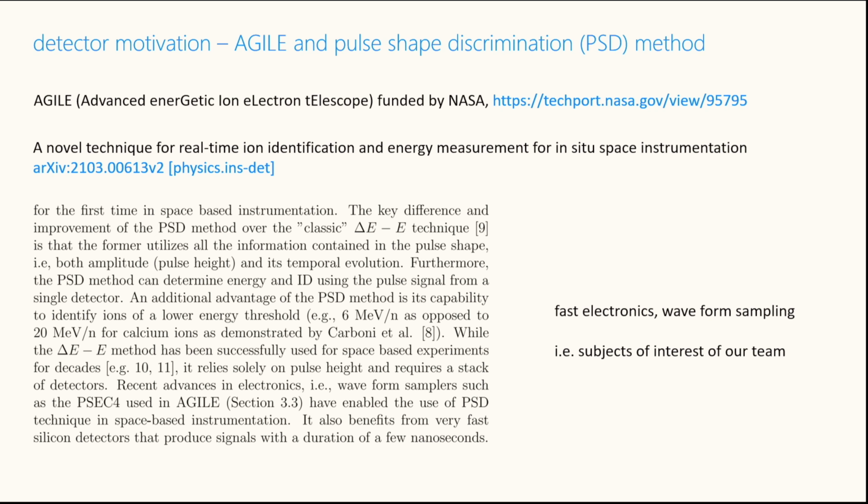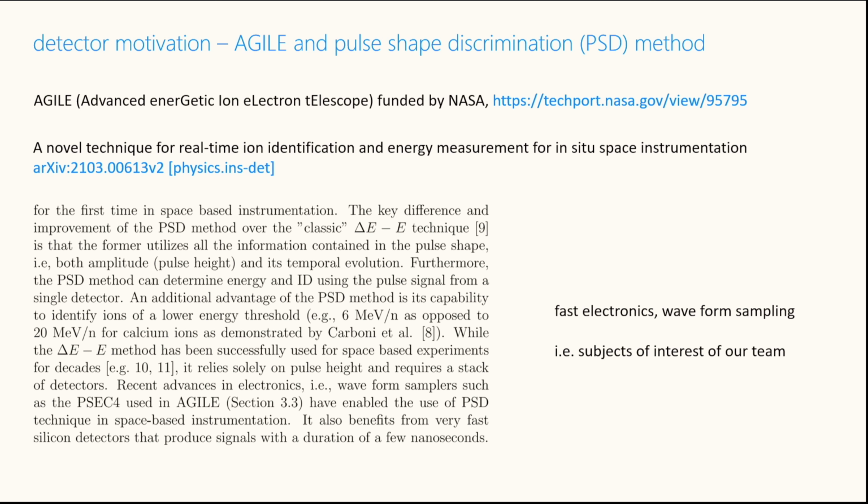The talk is motivated by another talk, which I heard basically half a year ago during a picosecond workshop in Zurich. It was about a different technique for measuring the energy of particles using new, very fast electronics.